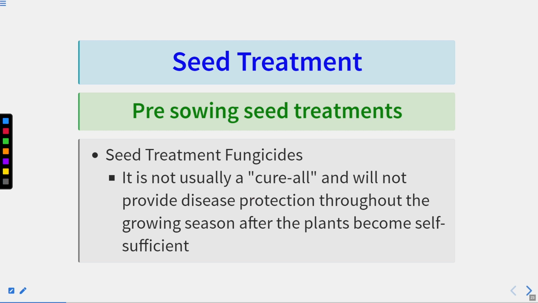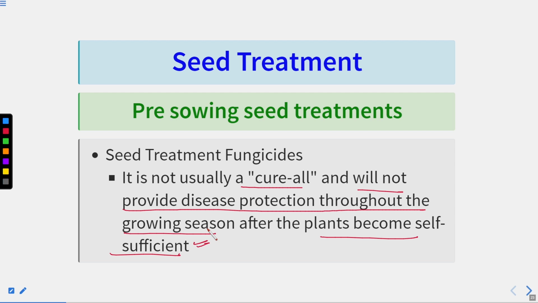It is not usually a cure-all and will not provide disease protection throughout the growing season after the plant becomes self-sufficient. Now the plant will become self-sufficient, a healthy plant, right? Initially it is very important, because when the plant gets established after germination, it gives rise to new leaves and the new stem is emerging, and at that time if there is a fungal, bacterial, viral or nematode infection, the plant becomes weak.